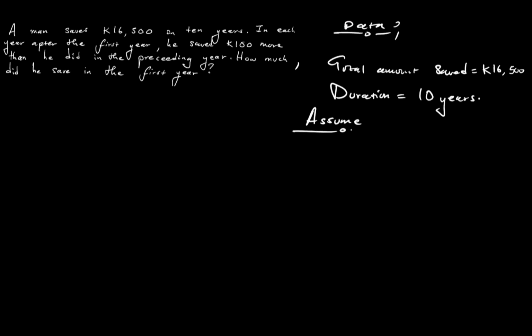Let's assume that this person was saving X amount of money in the first year. So in the first year, he saved X. Now you need to understand that in each year after the first year, he saved 100 kwacha more than he did in the preceding year.